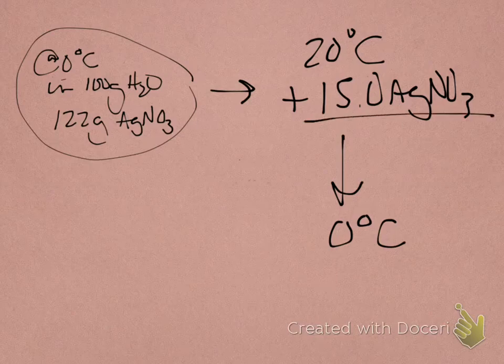That additional 15 grams of silver nitrate is going to precipitate right out. It's just going to fall out, because at 0 degrees, it can't dissolve that much silver nitrate. So very commonly, that additional mass of solute will just precipitate out.